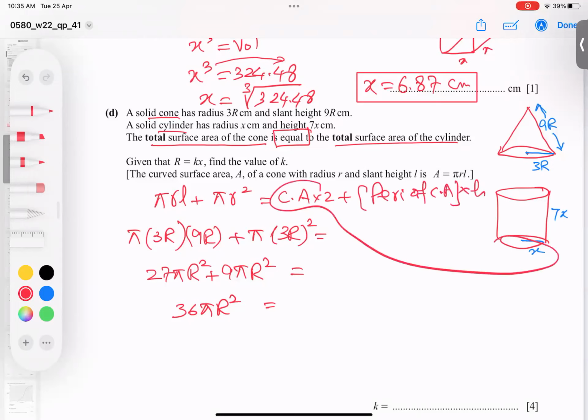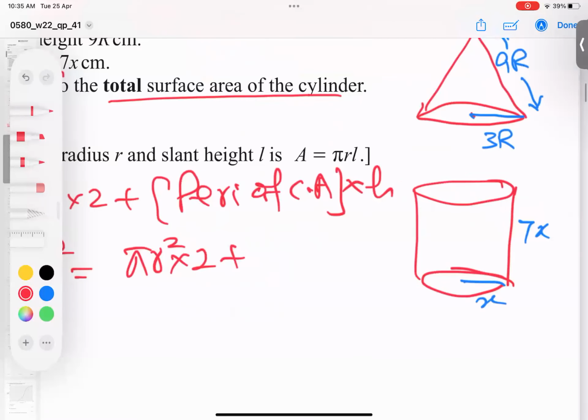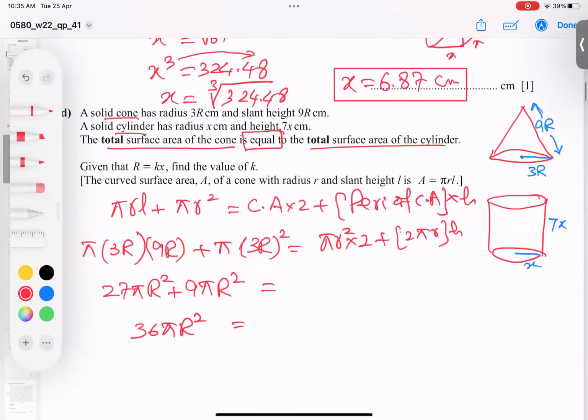The cross area is what? Circle shape. So pi r square into 2. You see, the same answer comes. And what is the perimeter of the cross area? This is the circumference of the circle, 2 pi r. So I'm writing in the bracket 2 pi r, and height comes here. You see? It means I got the same formula.